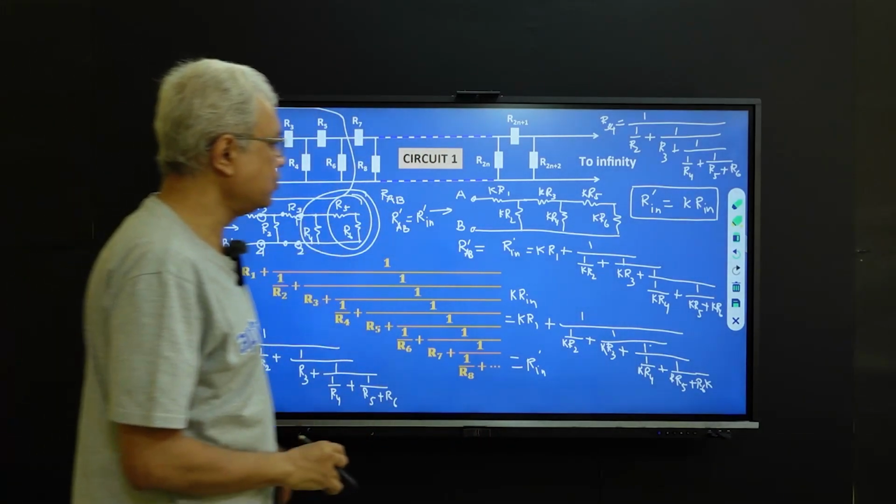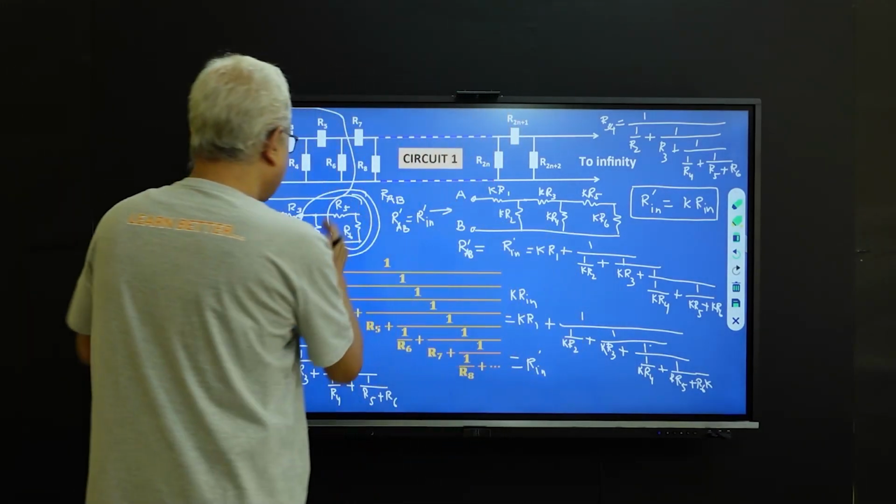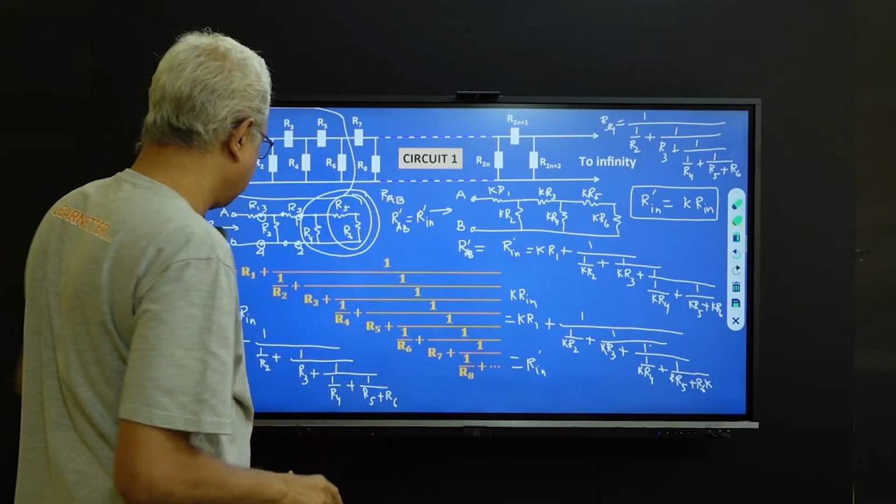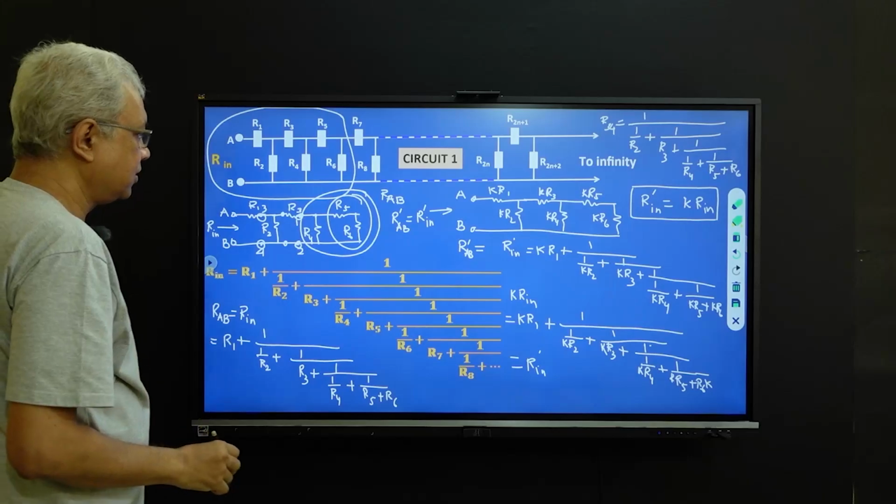Okay, now this is a finite length circuit. If it is an infinitely long circuit like this, then what happens?